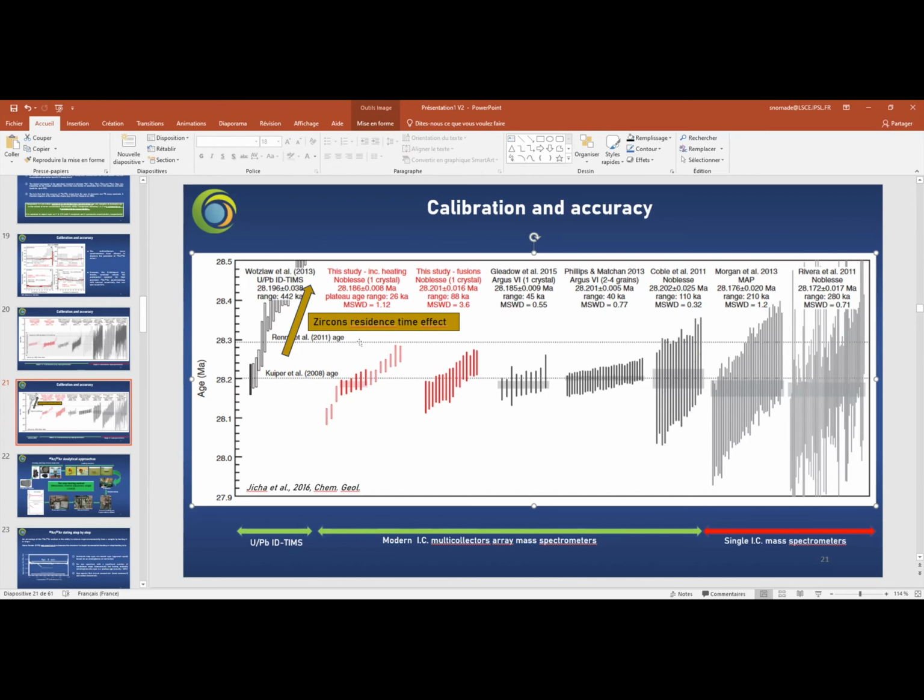That's an external error. The internal error is good enough to produce durations on the stratigraphic sequence which are as accurate as uranium-lead. It's the difference between precision and accuracy. Even if you don't have the accuracy of uranium-lead, you will have the precision on the duration of processes.